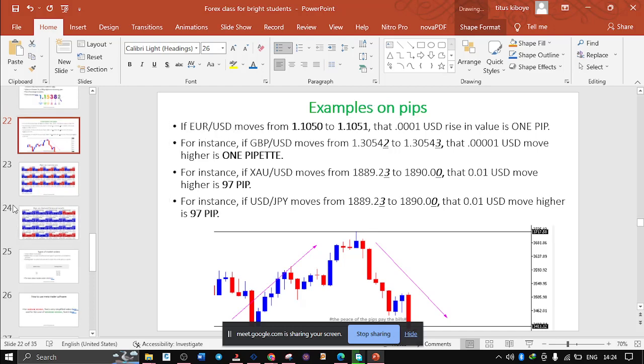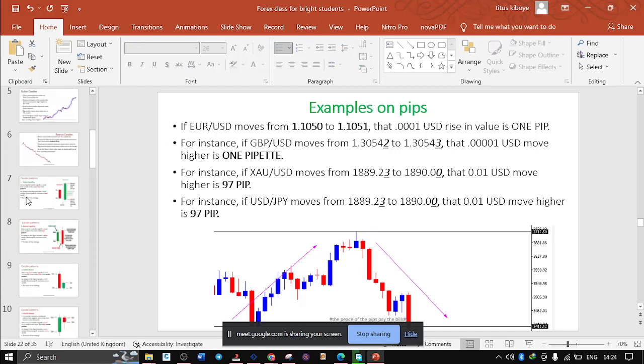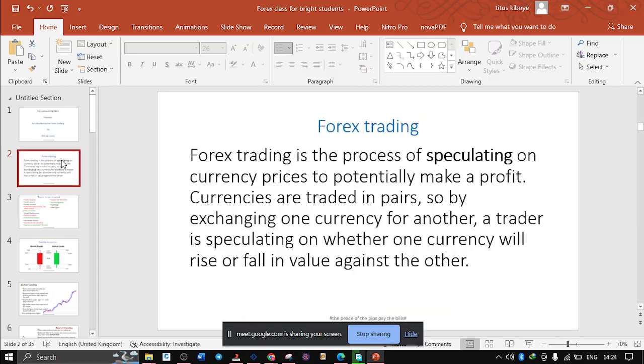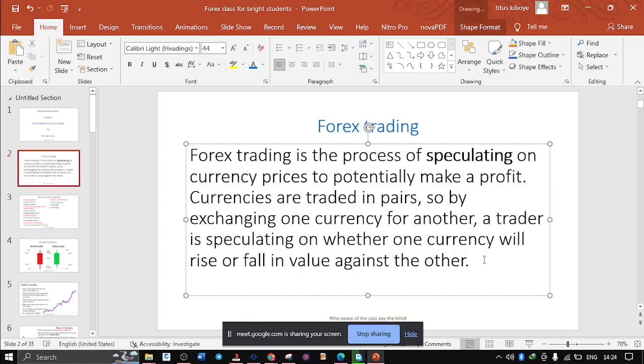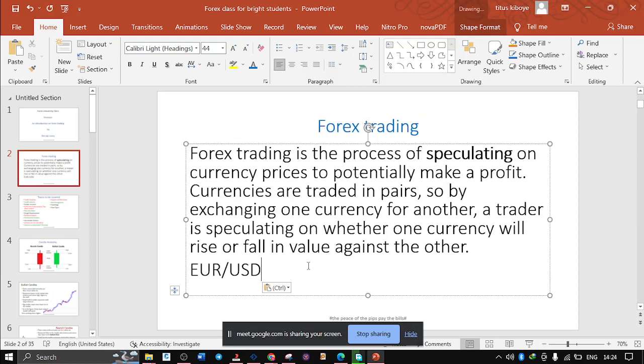Are you seeing now that some things, let me include it here. Control V. This is euro USD. We have another one, this is gold. This is how gold is quoted, that's how they quote gold against a dollar.